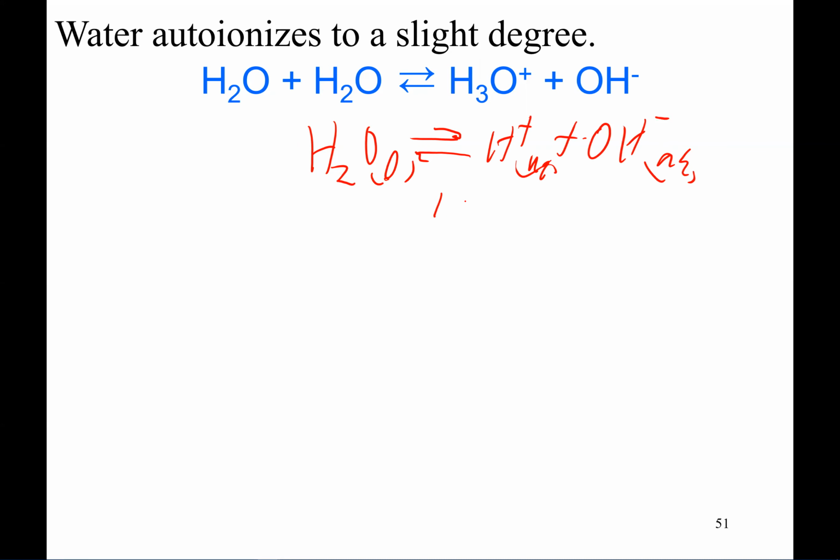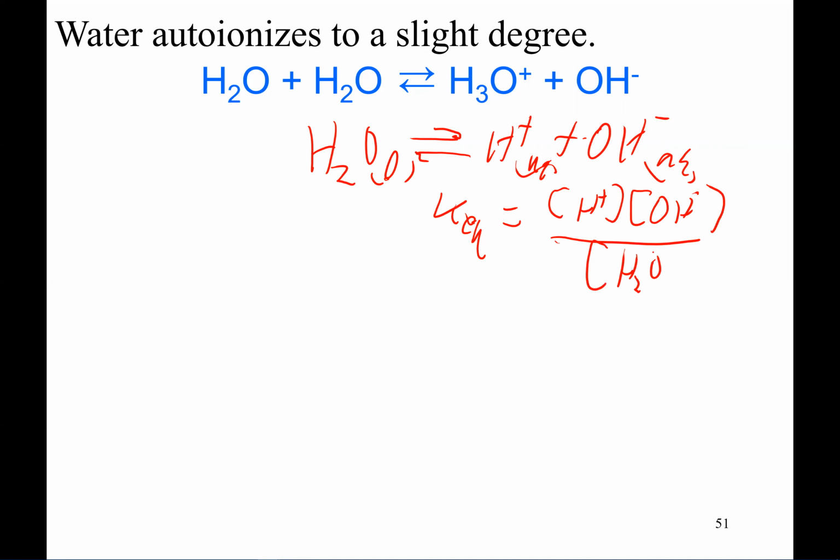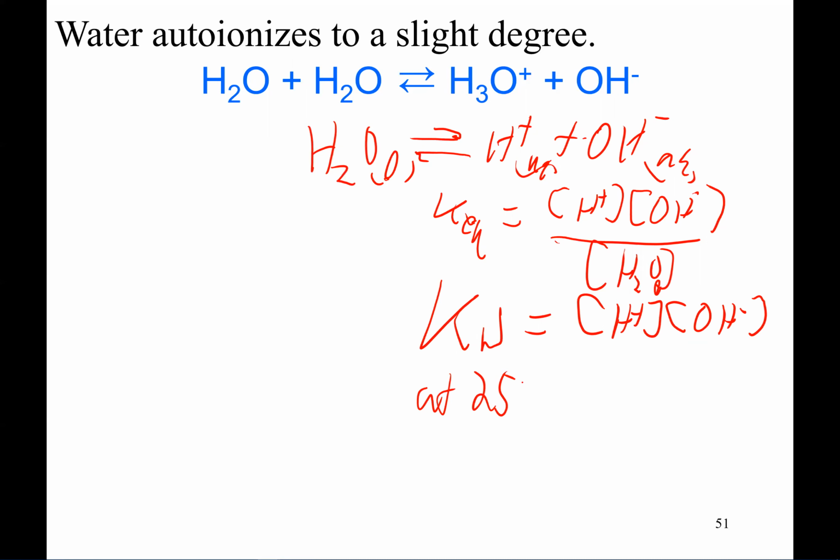And so basically the KEQ would equal the concentration of H plus times the concentration of OH minus divided by the concentration of water, which is essentially 1 for liquid water. So you get a KW here, which is equal to H plus times OH minus. And that KW at 25 degrees Celsius equals 1 times 10 to the minus 14.